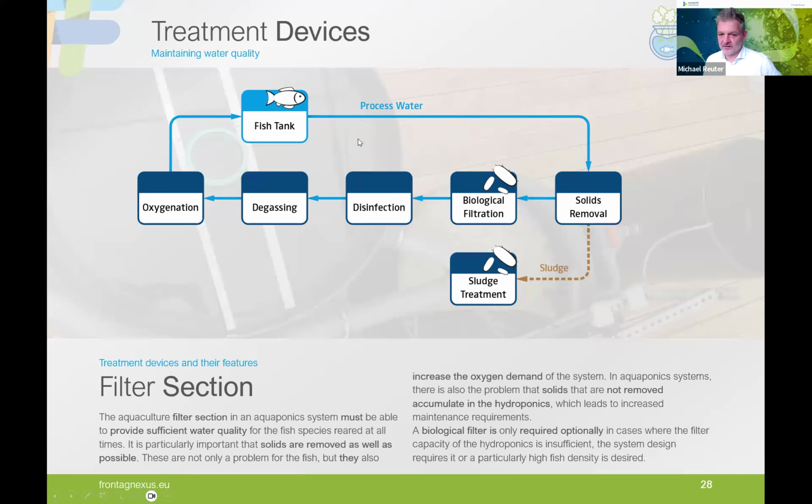Then we will have a disinfection unit if we have it. And before we oxygenate the water, we will have the degassing unit, because we want to get the total gas pressure as much down as we can before we add the oxygen, so that the saturation with oxygen will be as optimal as it can be.